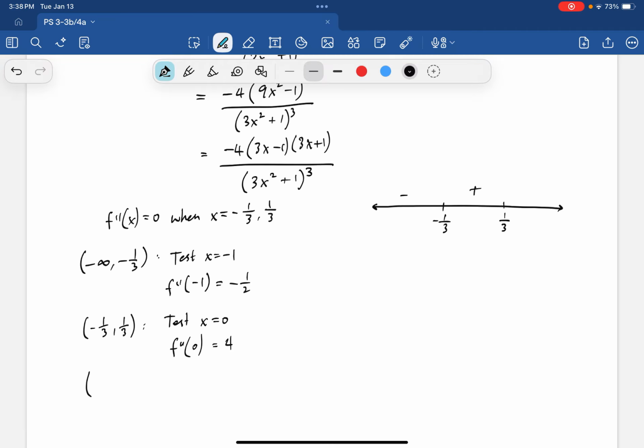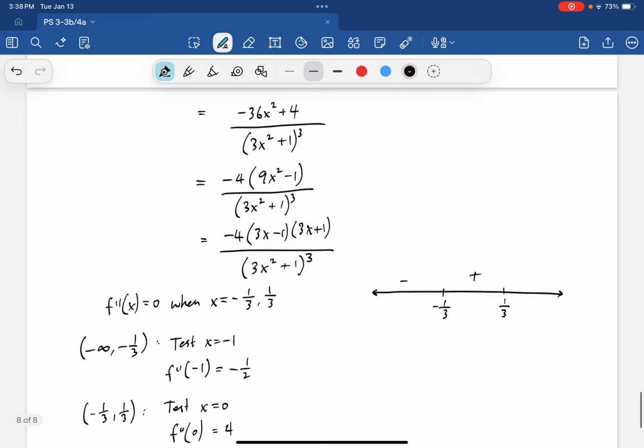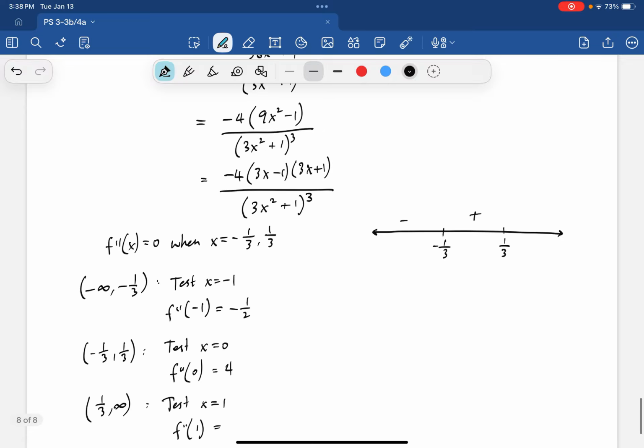Then for the last one, 1/3 to infinity. I'll test x equals 1, and f double prime of 1 is equal to negative 32 over, same thing, negative half. That's minus.